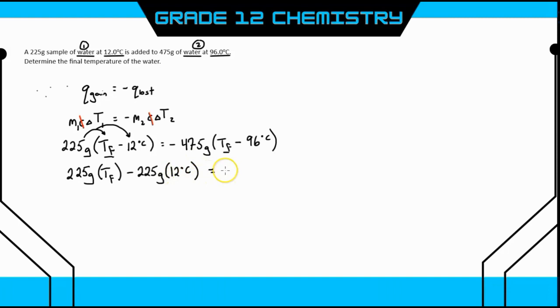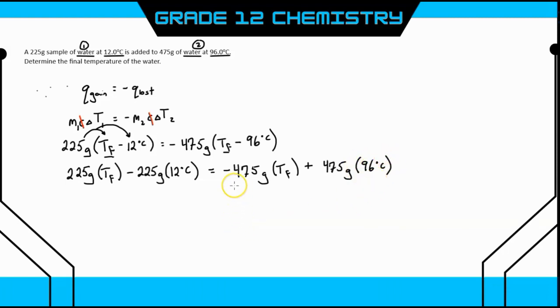Do the same thing on the other side of the equation, so minus 475 grams times the final temperature, and now we have a double negative, so plus 475 grams multiplied by this 96 degrees Celsius.